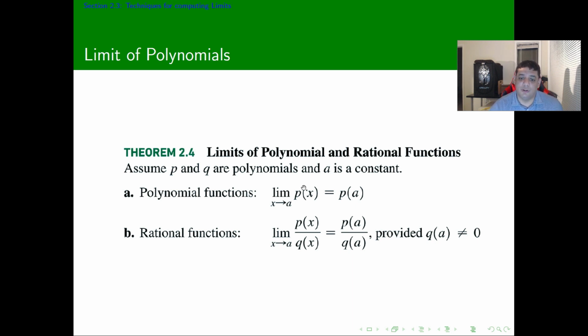So we're always going to have that the limit when x goes to a of p of x is p of a. However, when we have rational functions, a quotient of two polynomials, we have to be careful as well about not having a root of the polynomial in the denominator in the limit. Okay, so we gotta be careful that a is not a root of polynomial q.